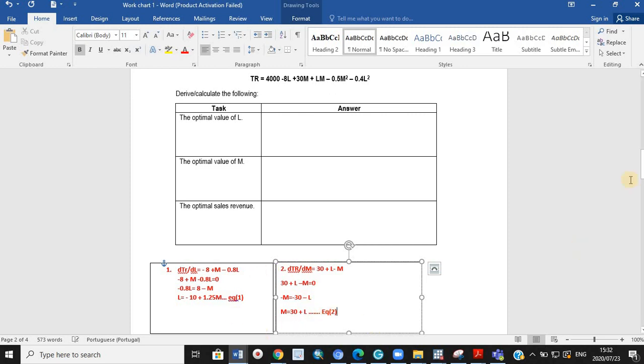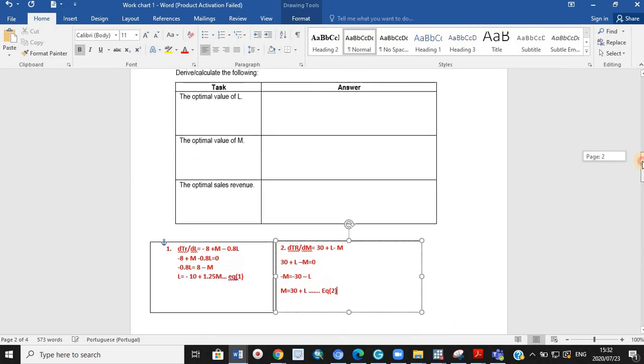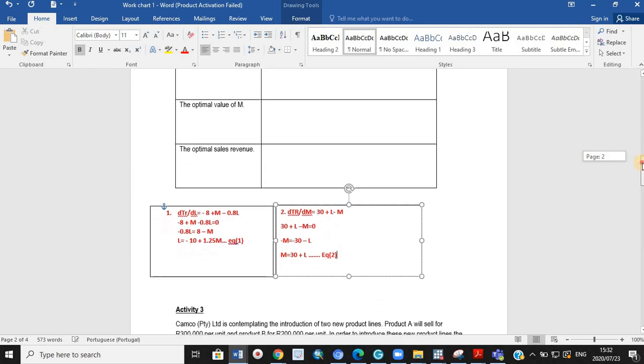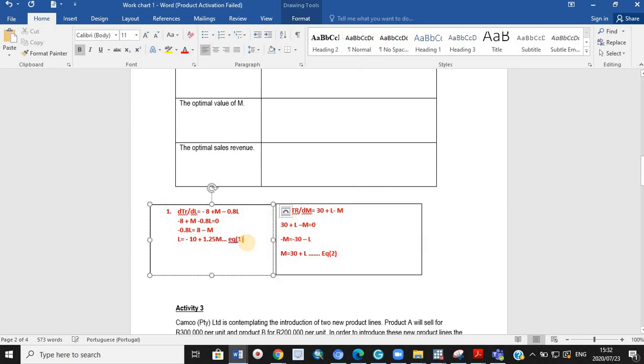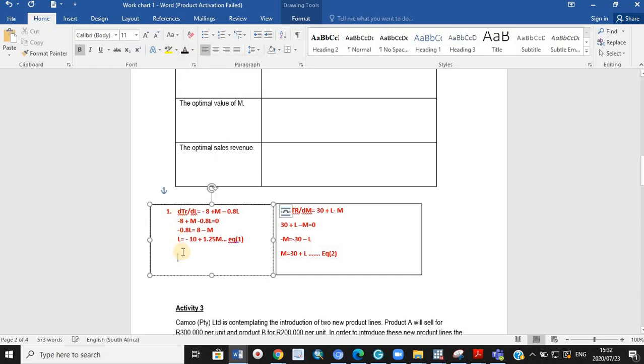All right. So again, we'll just need to substitute in 1, and that's it. I'll just change the color and say L is going to be equal to minus 10 plus 1.25 M. By now we know what M is. It's 30 plus L. That's it.